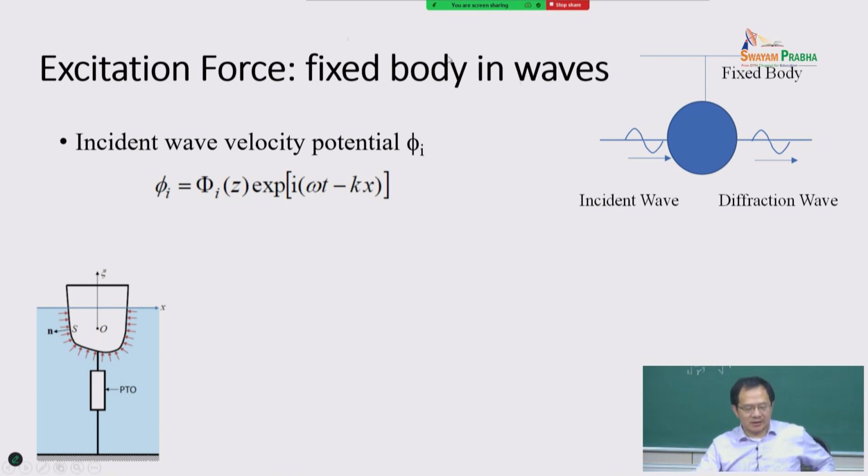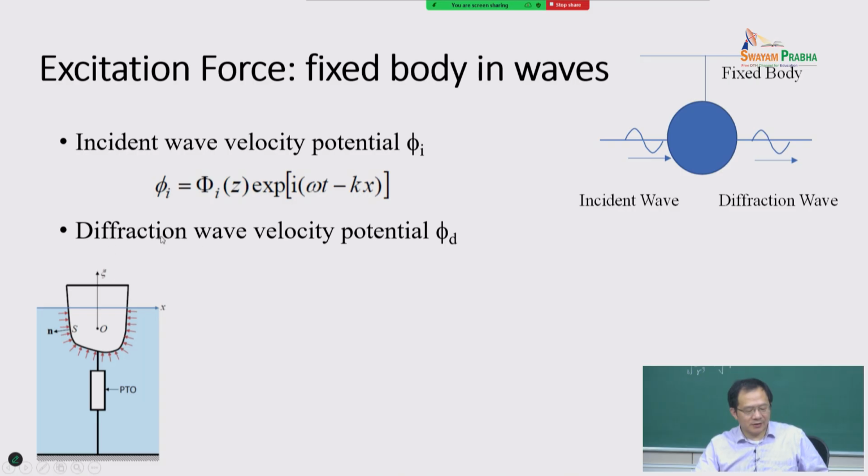As I mentioned, the incident wave comes in, and we have a velocity potential, phi_I, for the incident wave. Then you have the diffraction wave leaving the system, with phi_D, another velocity potential function.